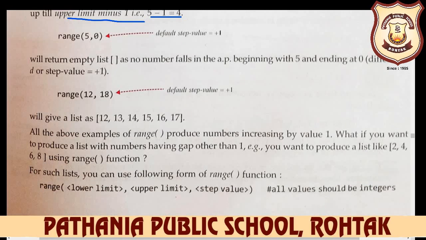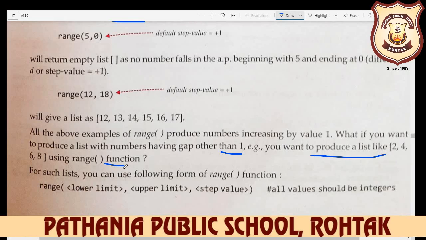What if you want to produce a list of numbers having a gap of more than 1, like 2, 4, 6, 8, with the range function? Then what do we decide? Lower limit, upper limit and step value. For example, my lower limit is 2 and my upper limit is 22, then the step value is comma 2.